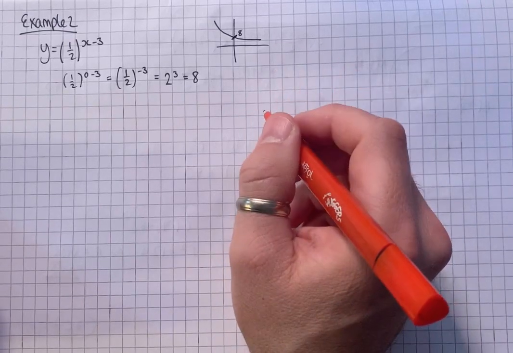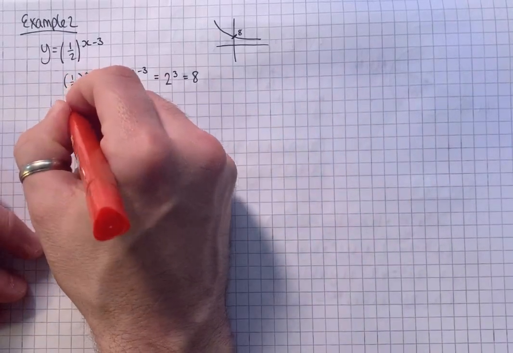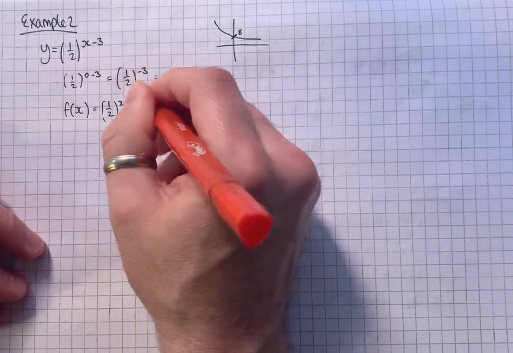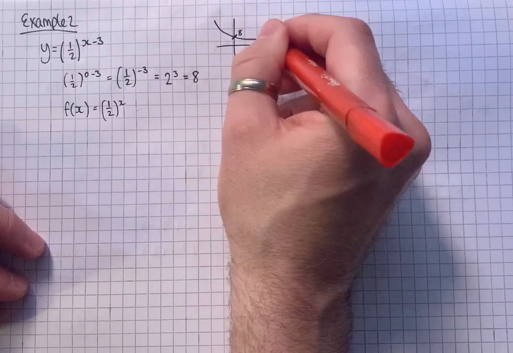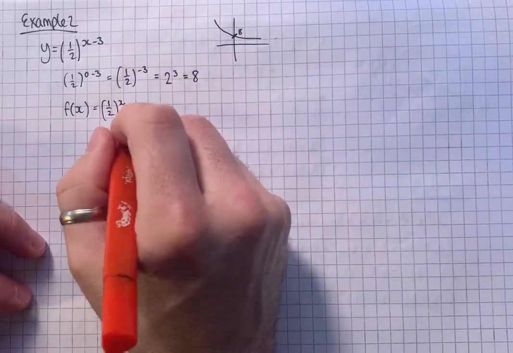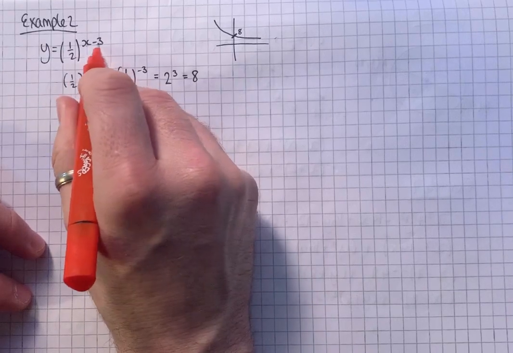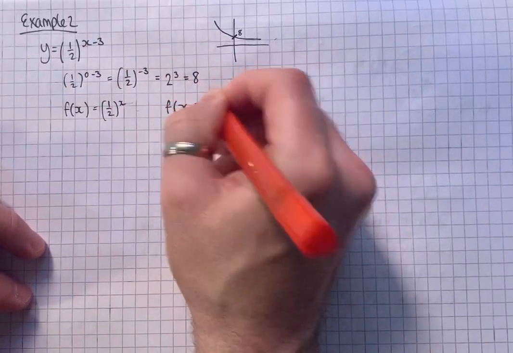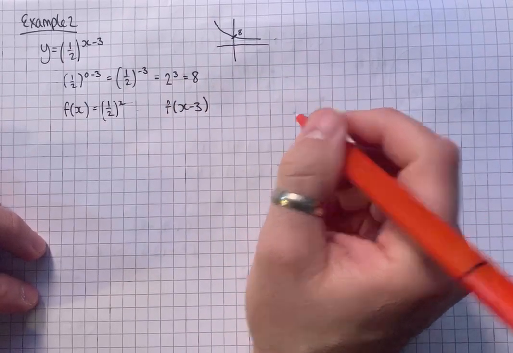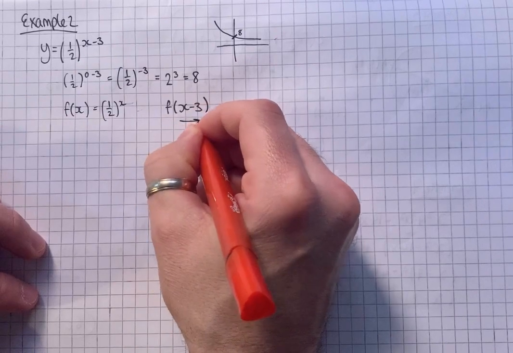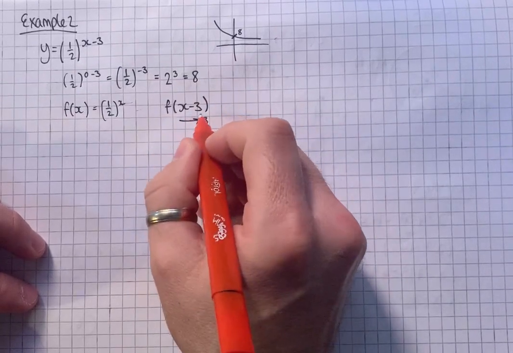If we think about types of transformations, if we start off with our base graph being a half to the x, because we know what that looks like from the last example, something like this, except going through 1. Well, all we're doing here is swapping x for x take away 3. So we've got f of x take away 3, which if you remember from work on transformations of graphs, is going to be a translation 3 to the right.